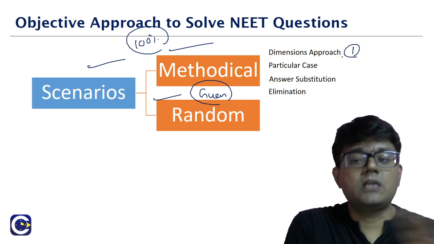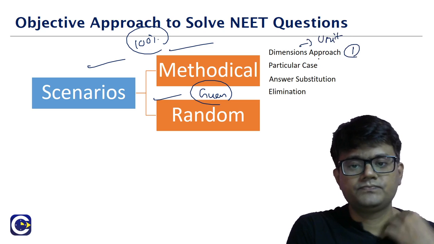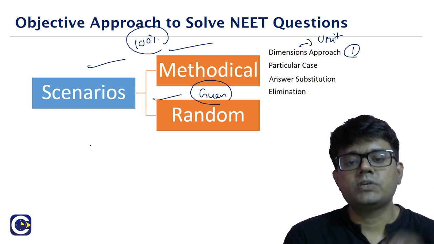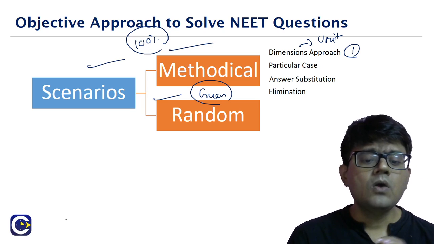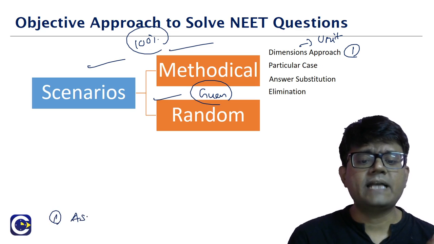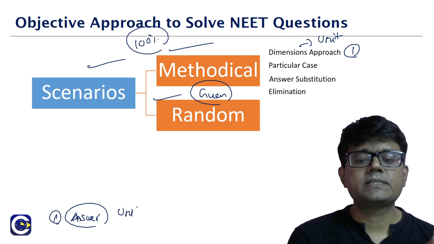First is the dimensional approach, which we can also call the unit approach. If you have a question with 4 answers given, only one answer is matching with the units or dimensions of the required quantity.